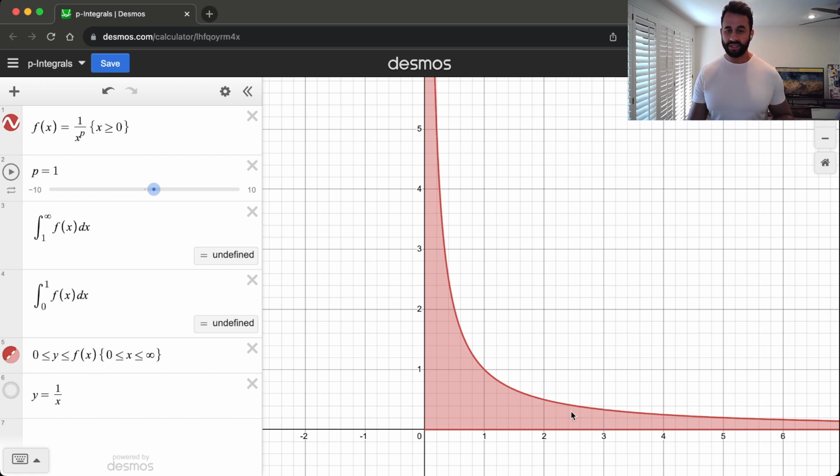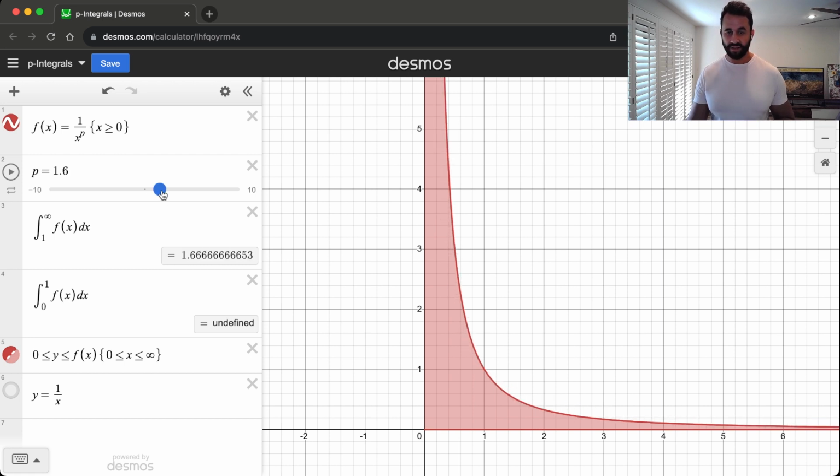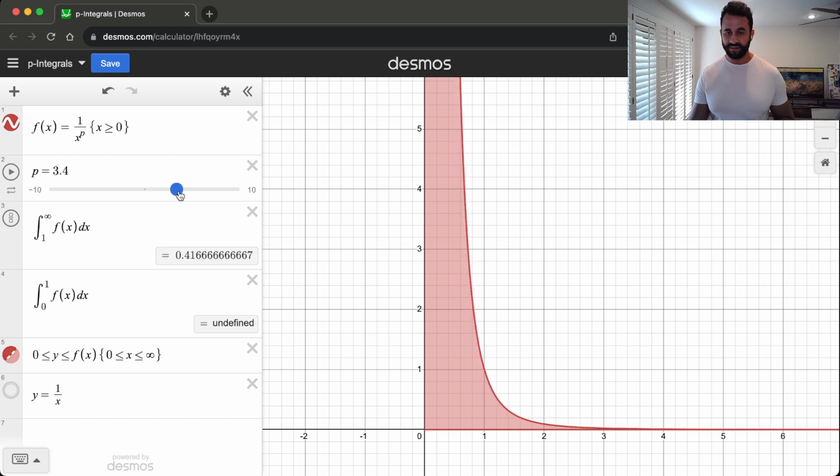All right? But watch this. When I increase p, look how it changes the area. So when p is greater than 1, this integral converges. You see how this is the integral from 1 to infinity? It's literally from this line to infinity.